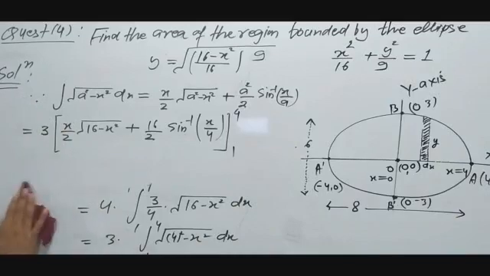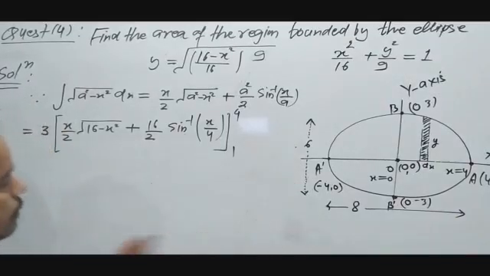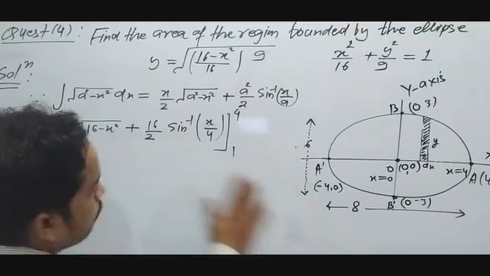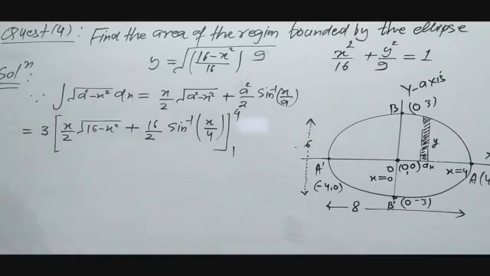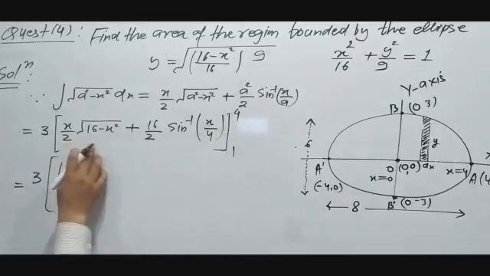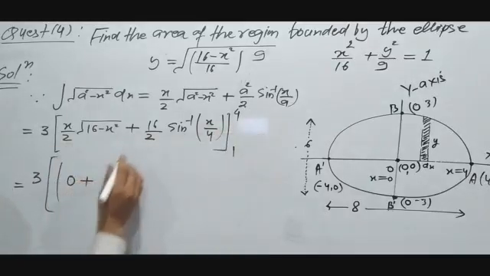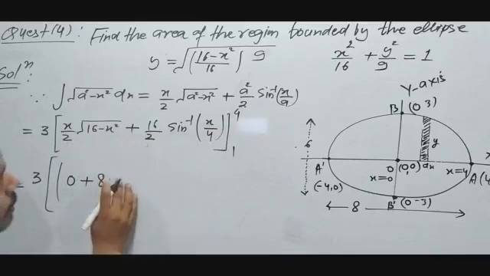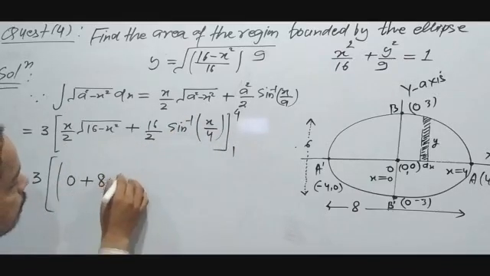Again see, what you will get as the result after putting the upper and lower limit values. So 3 times, when you put upper limit 4, you will get 0 plus 16 by 2, the result is 8, and sine inverse 1 is pi by 2.